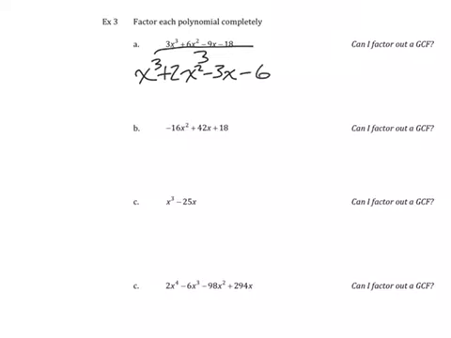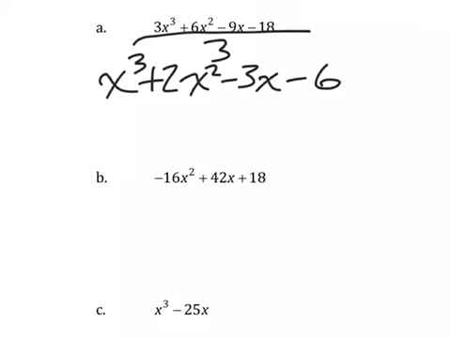Let's carry out those steps we're used to now. I'm going to group together these two and group together these two. What can I take out of this first binomial? I notice that both of them have at least an x squared. Let's take out an x squared from that. If I take out an x squared, I'm going to be left with x plus 2.